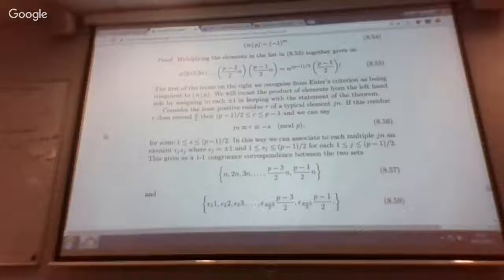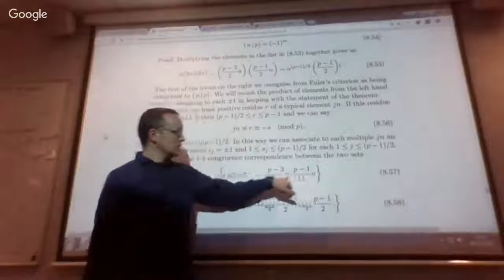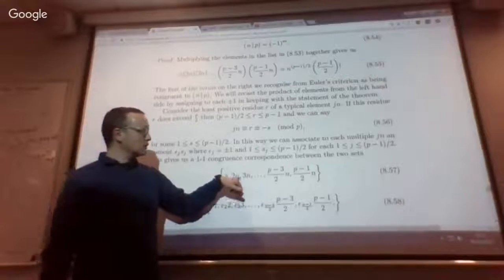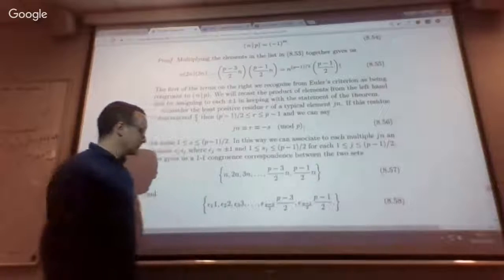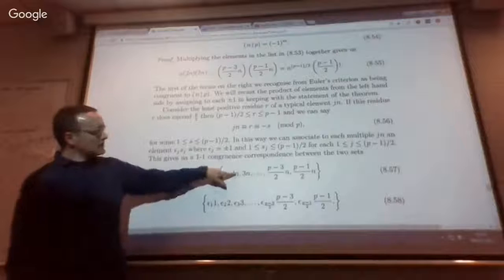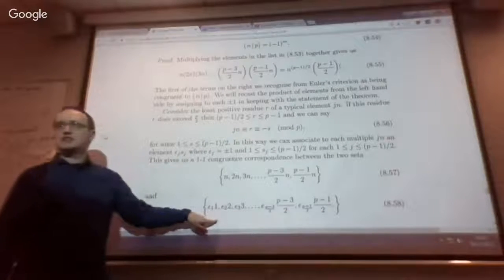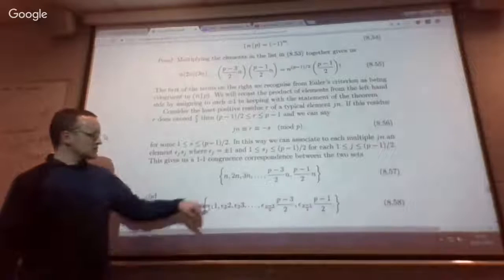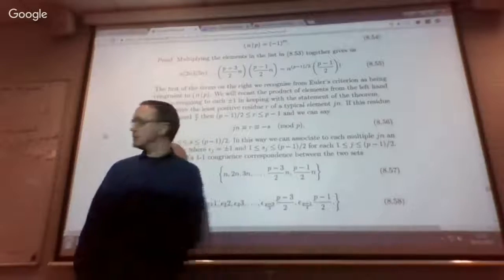Now, when you look at what's happened, actually, these sj are all of the numbers from 1 to (p minus 1) over 2. Okay? So we end up with a kind of one-to-one correspondence between all the jn. These are all the multiples j times n. And each of these is going to be congruent to one of these numbers down here. So these are all the congruence classes of 1, 2, 3, all the way up as far as (p minus 1) over 2.